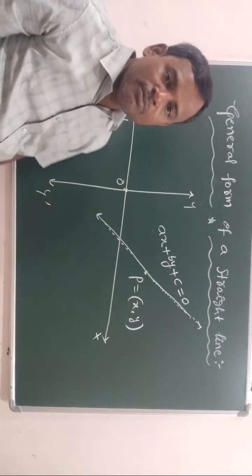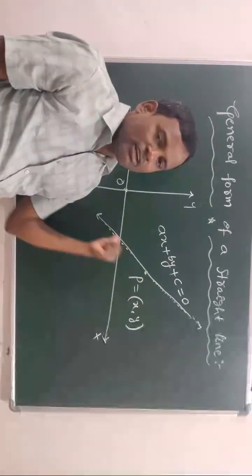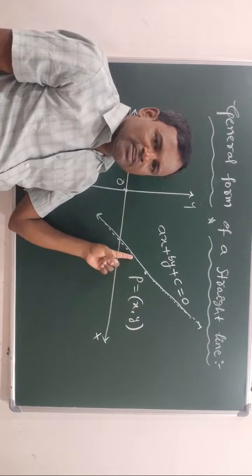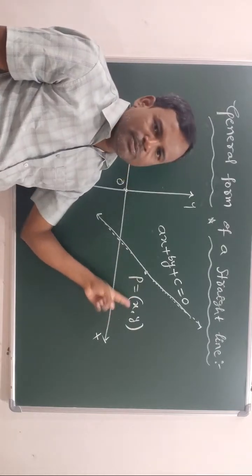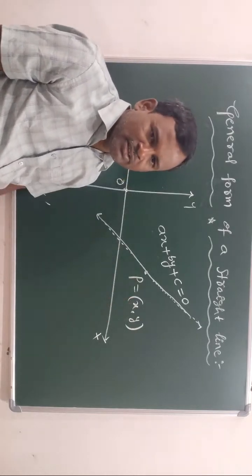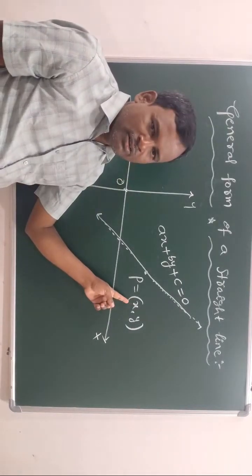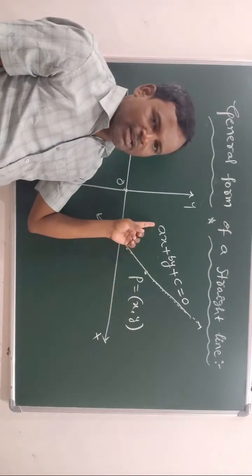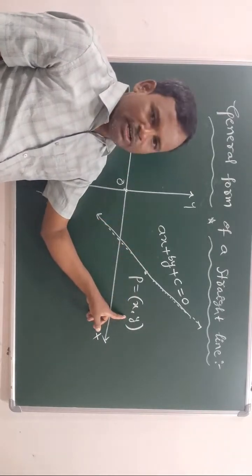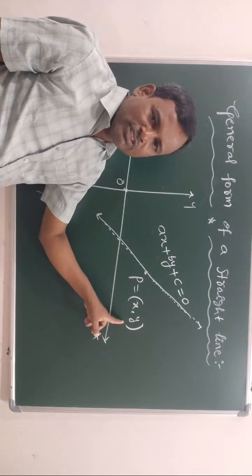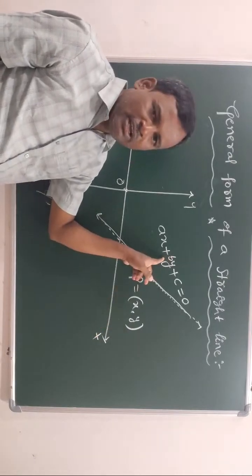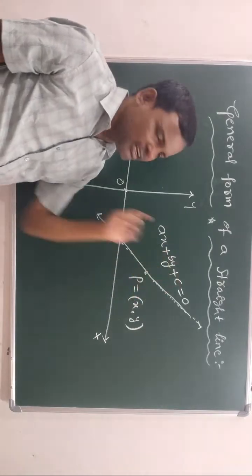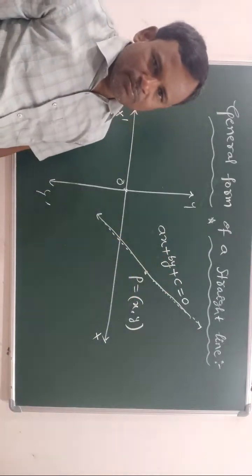Here what did I do? I have taken a group of points on which I have assumed the coordinates of one point as x comma y, which means that it is a locus point. For this locus point, the first component or x coordinate, I multiplied with a real number a, and the second component or y coordinate I multiplied with b, and I have added a real number c, so that we get a result of 0.